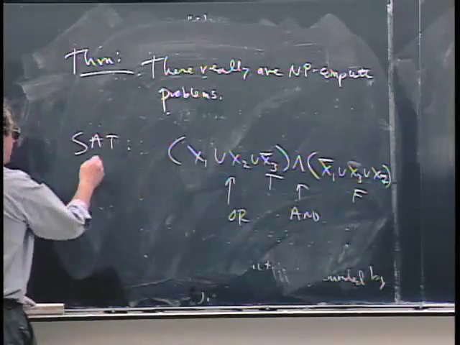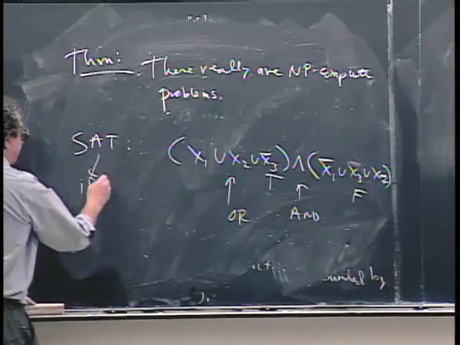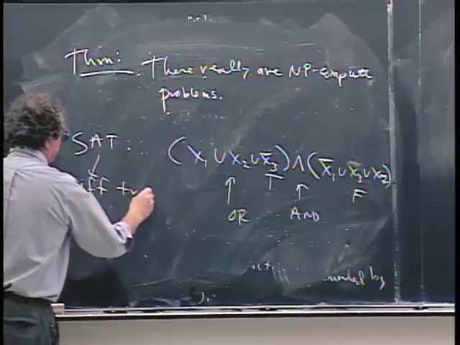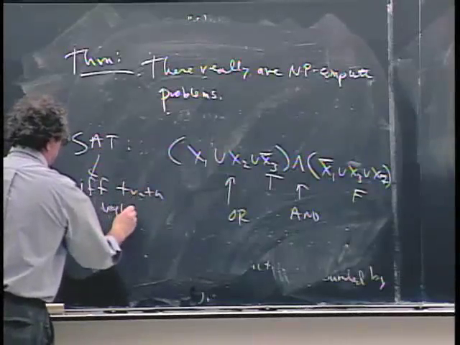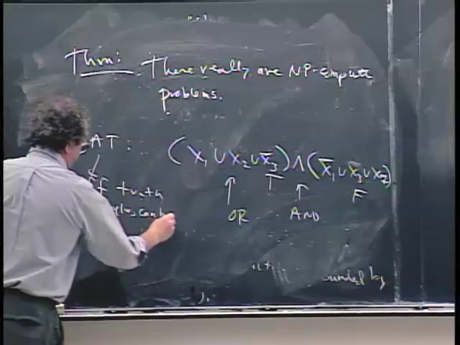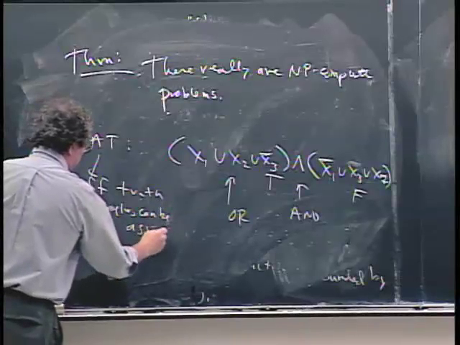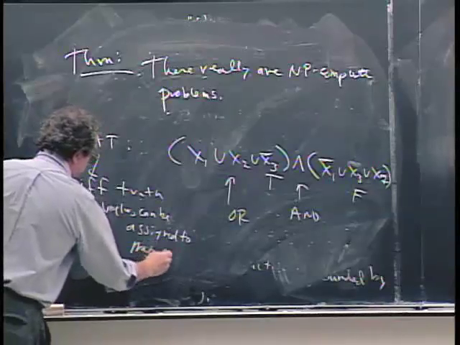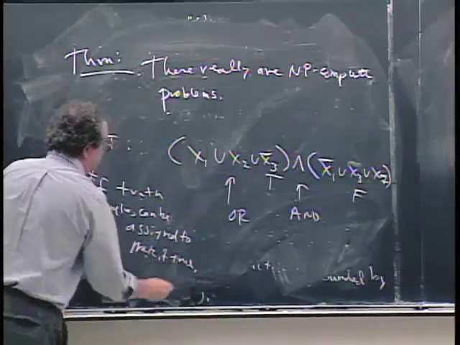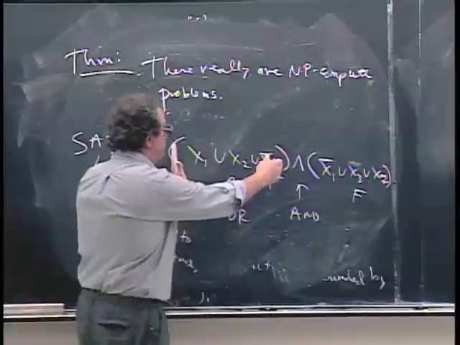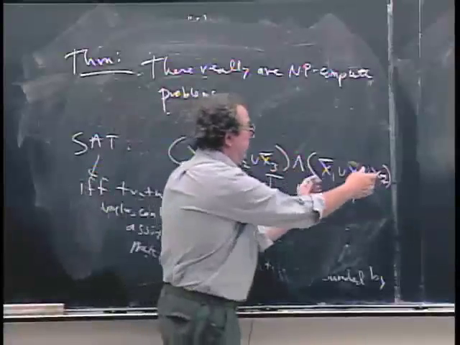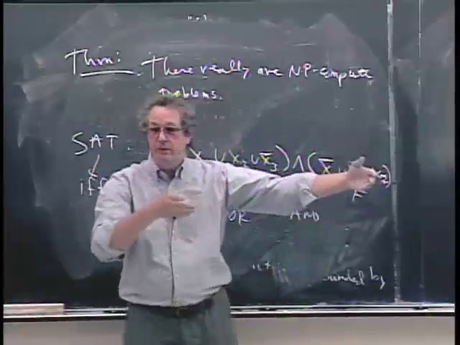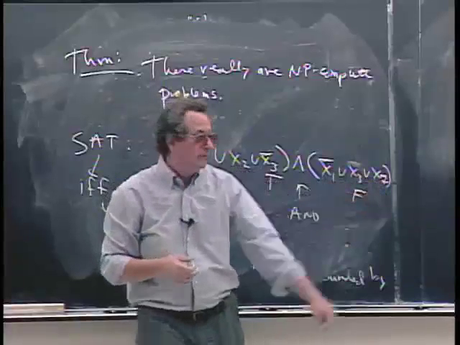So it's satisfiable if and only if truth values can be assigned to make it true. These are connected by AND, so this has got to be made true, and this has got to be made true, and all the clauses have got to be made true.